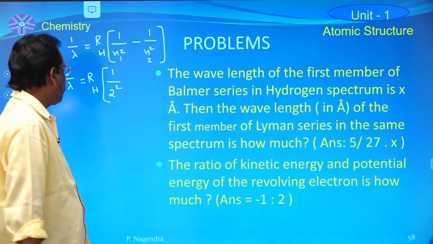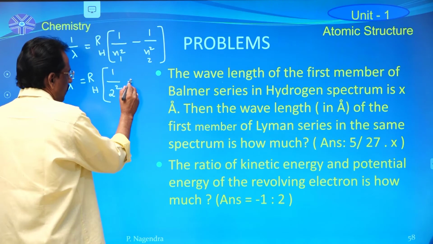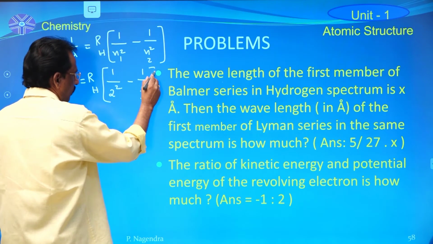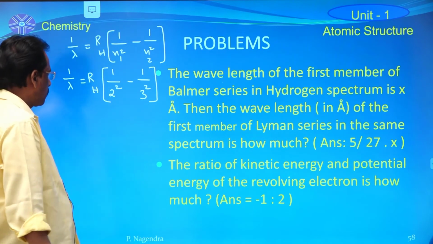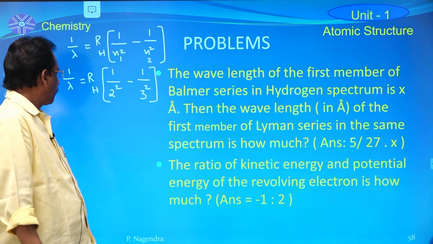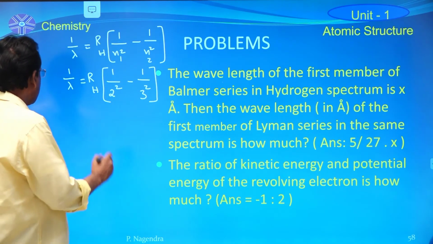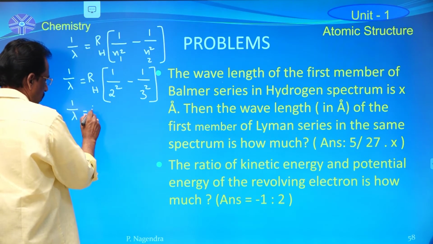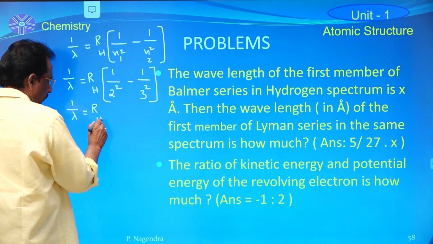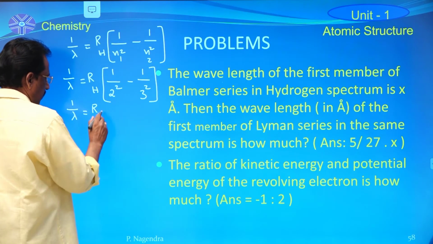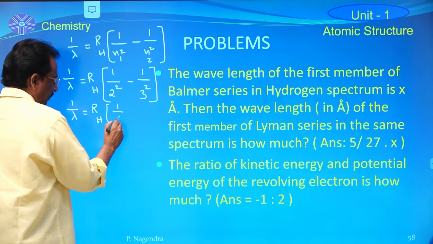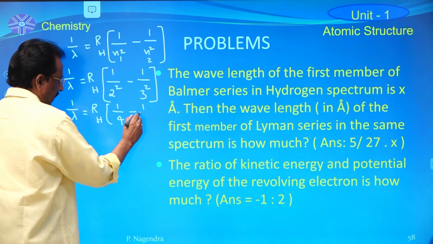For the first member, n2 is equal to 3. So 1 by 2 square minus 1 by 3 square. So 1 by lambda, the wave number of that spectral line, is equal to RH into 1 by 4 minus 1 by 9.